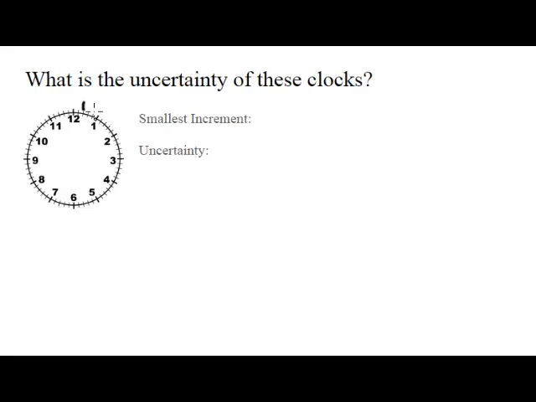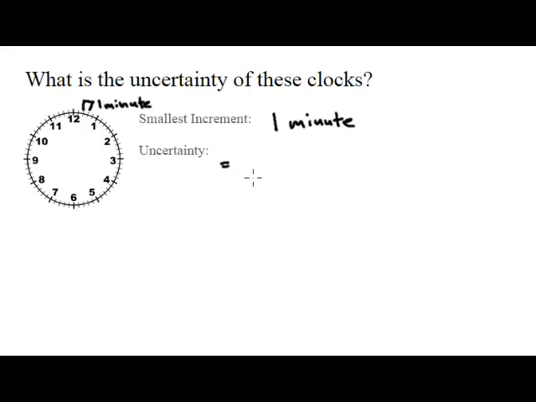From here to here is the unit 1 minute. Now before you go, well, it's 60 seconds, Faye. You know what, you're right, but in order to do seconds, we'd have to divide there to there up into 60 little parts, and we don't do that. So the smallest increment is 1 minute.